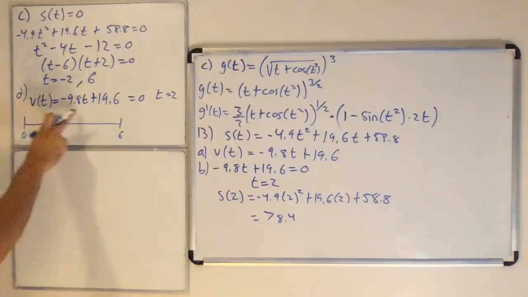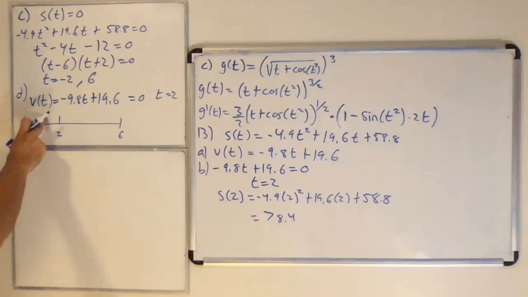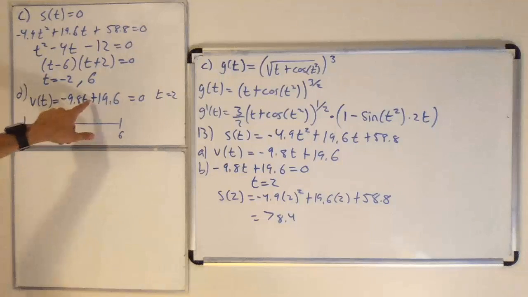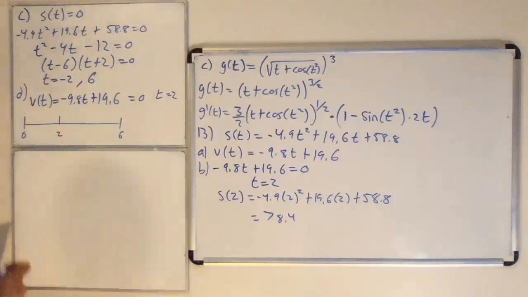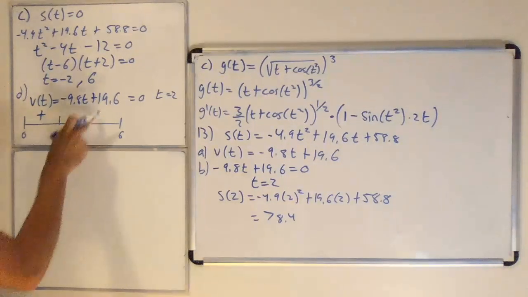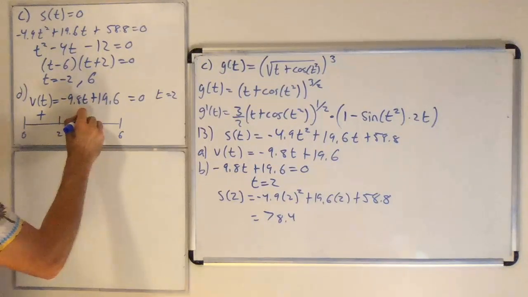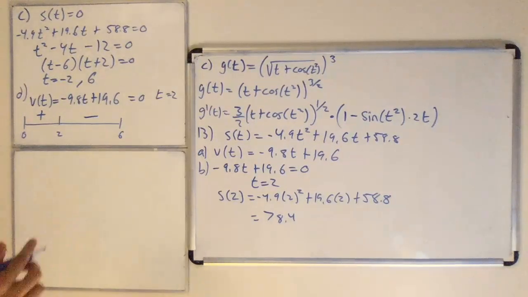And now let's just take a test value from each one of these segments and see is our velocity positive or negative on these segments. If we used time 1, we get negative 9.8 plus 19.6. That's a positive. And when we plug in something larger, we're going to get a negative. Okay, so that doesn't tell us anything yet.